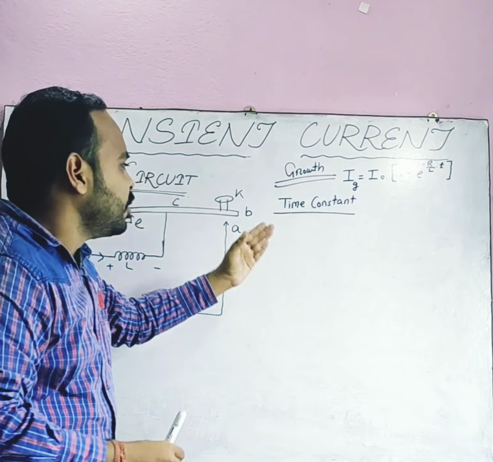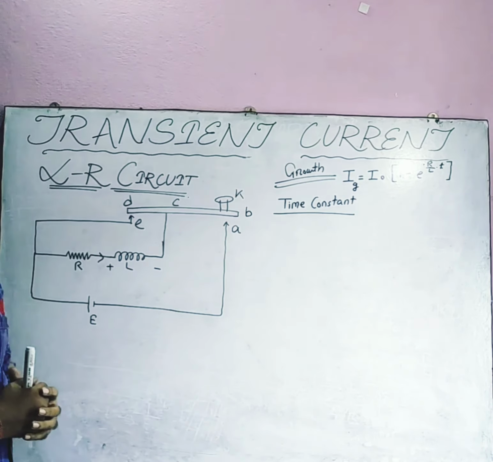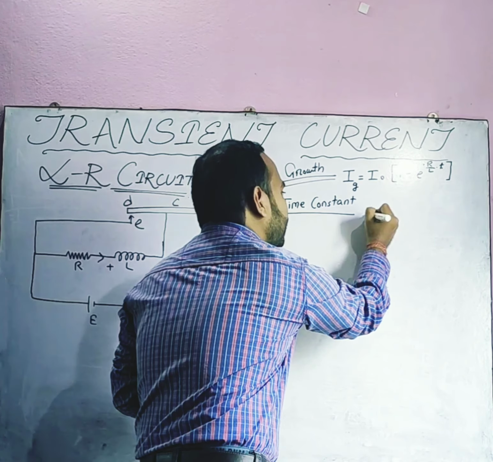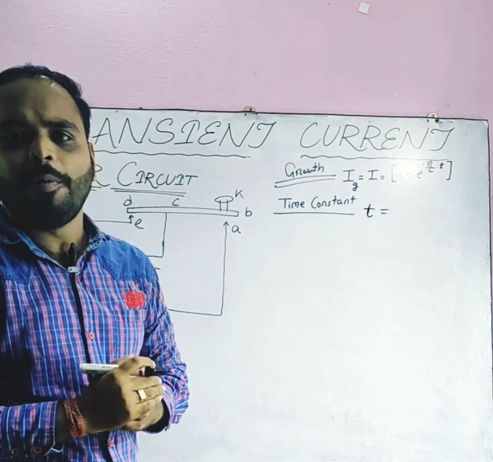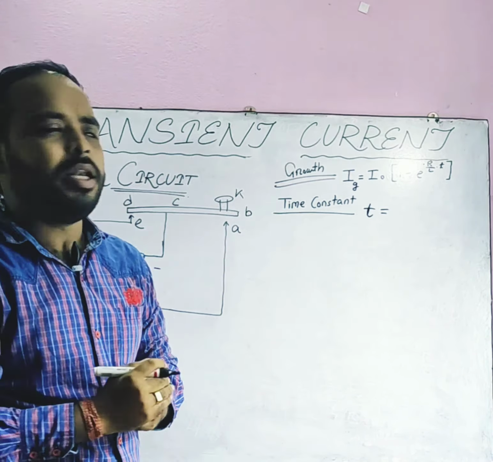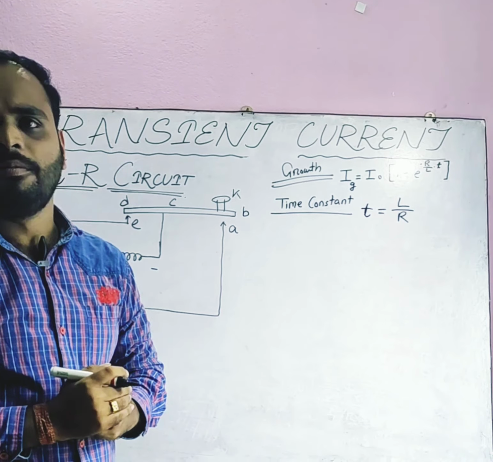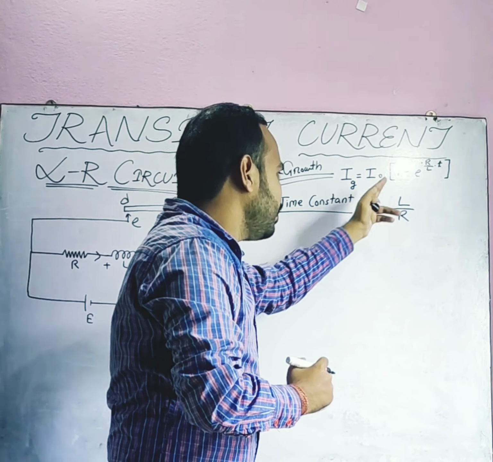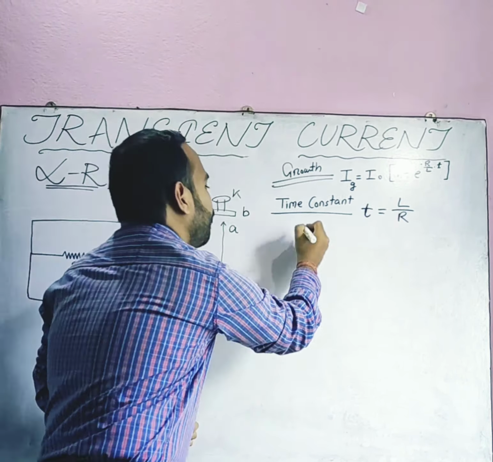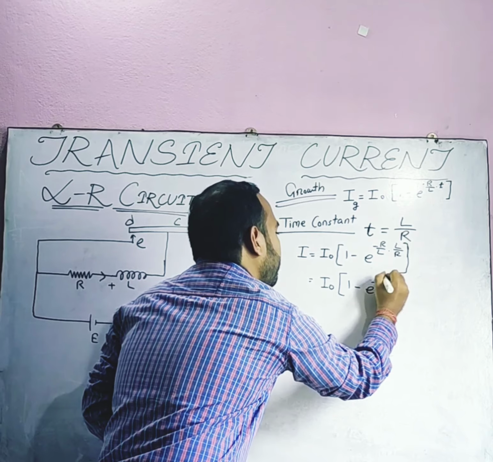Let us discuss the time constant in the LR circuit. The time constant in the LR circuit is given by the ratio between the coefficient of self-inductance and the resistance in the circuit. Now, if we put this value in our equation, we get i equals I0 whole into 1 minus e to the power minus R by L into, in place of t, we can write L by R. And this becomes I0 whole into 1 minus e to the power minus 1.